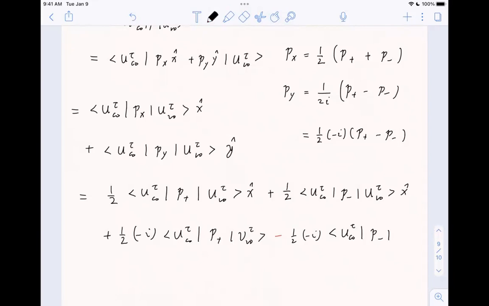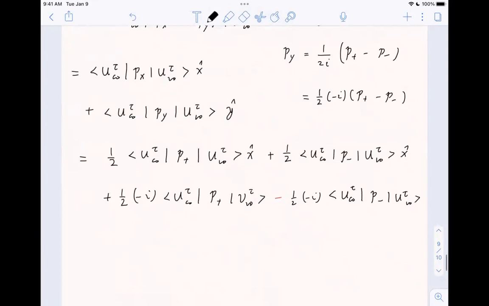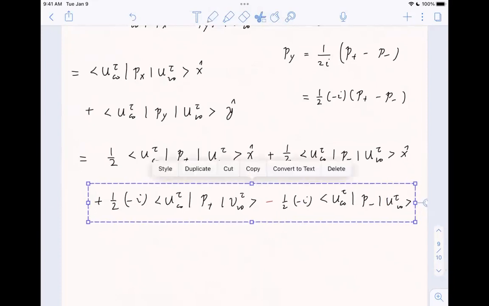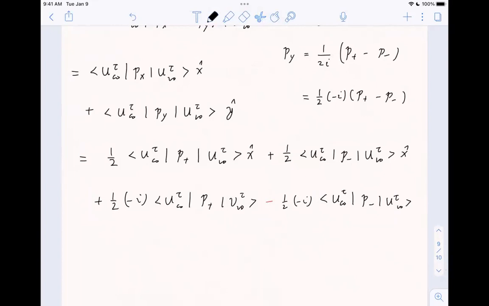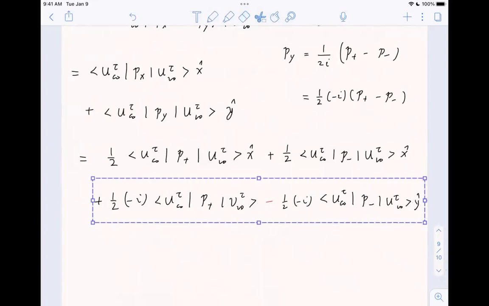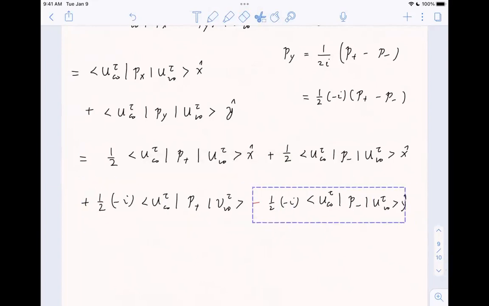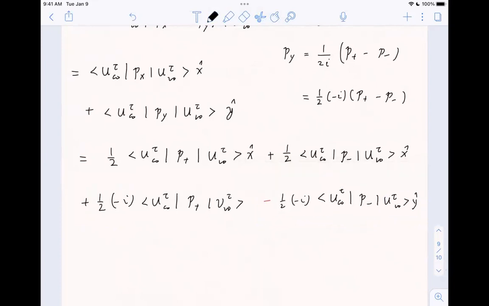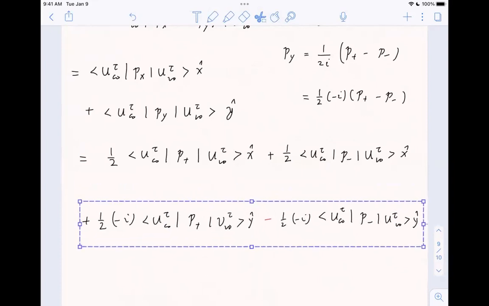P minus. So they need to leave some space.